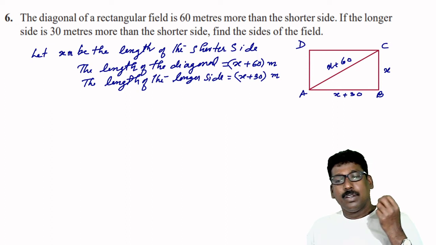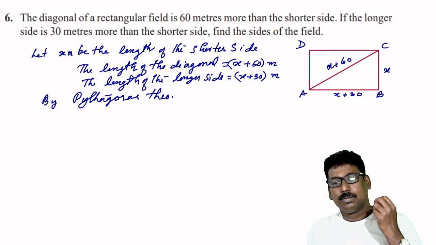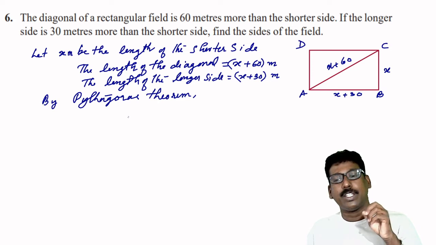Now by Pythagoras theorem you can write, what is the condition? AB square plus BC square is equal to AC square. That is, hypotenuse square is equal to the sum of the squares of the other two sides.